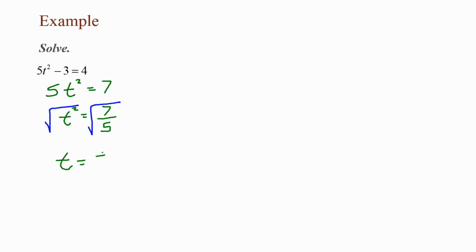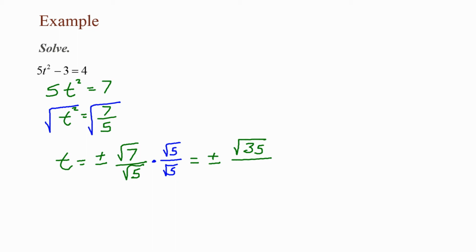t equals plus or minus the square root of 7 over the square root of 5. I need to rationalize, so I want to multiply top and bottom by the square root of 5. So this equals plus or minus, 7 times 5 is 35, so I have the square root of 35. 5 times 5 is 25, so I have the square root of 25, which is just 5.